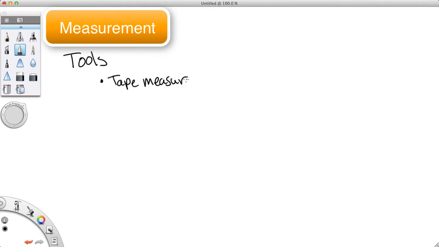okay, obviously a ruler. I'm going to put ruler slash meter, yardstick. And there's a reason that I put meter and yard in parentheses stick, because meter sticks and yardsticks are kind of the same.